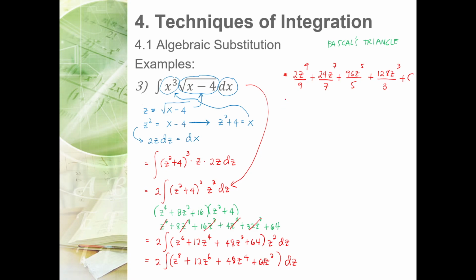Okay, so of course, don't forget to bring back the value of the square root function. Okay, so I think this one is long to write.